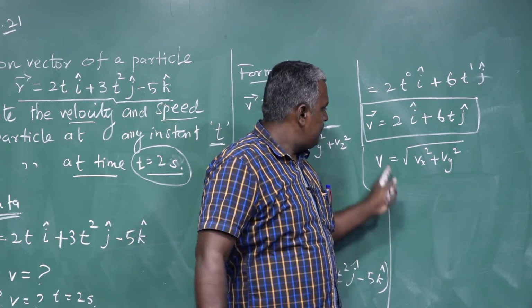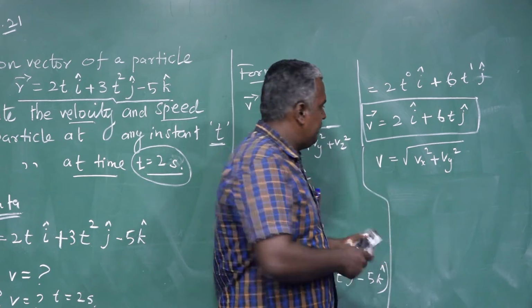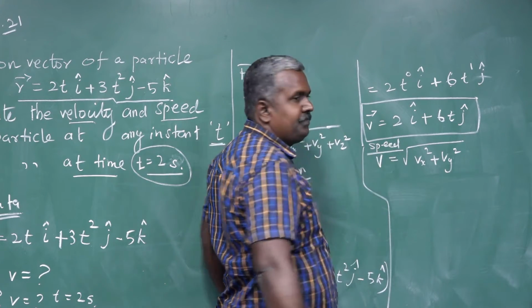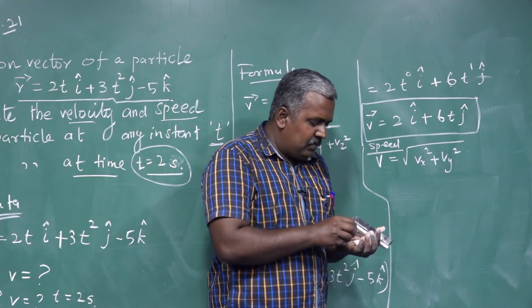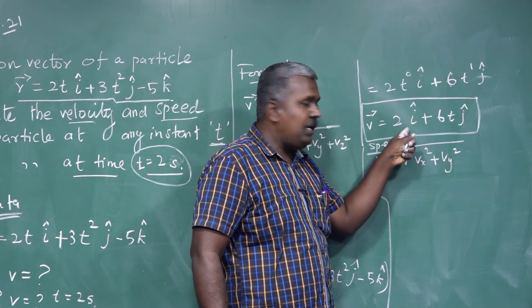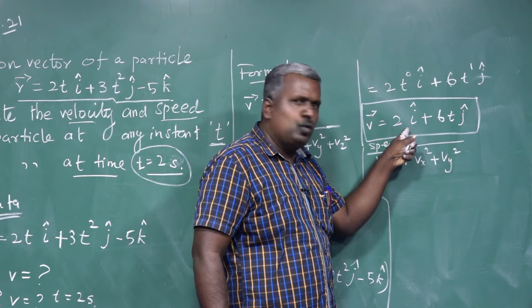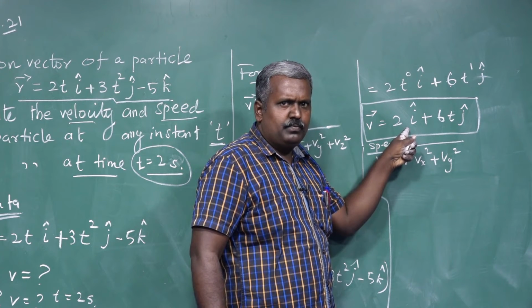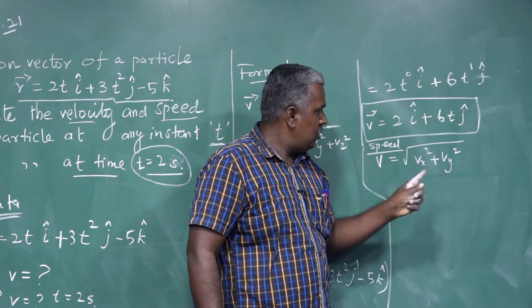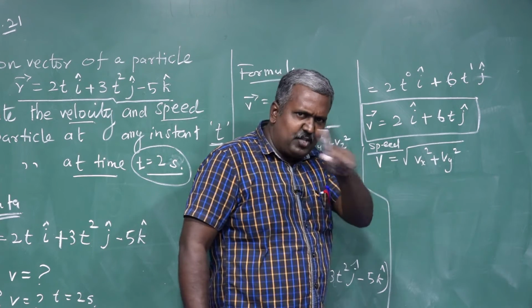Now we should calculate speed. What is speed? Magnitude of velocity, clear? Because velocity here is only along two axes, along the x axis and along the y axis, so we must take only the magnitude.